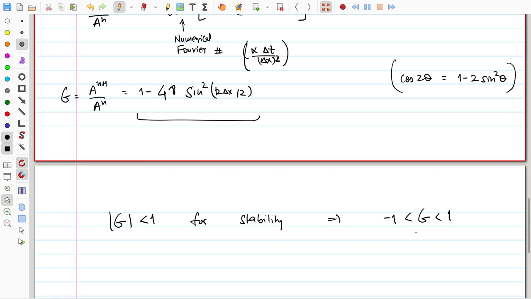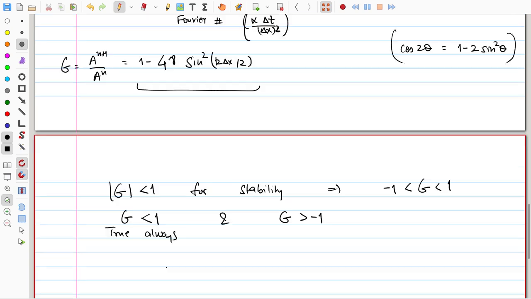So, this actually gives us two conditions. One is to check if g is less than 1, and the other one is to say g is greater than minus 1. So, this is true always. Nothing to check here. So G, now the only condition we have to check is G greater than -1.